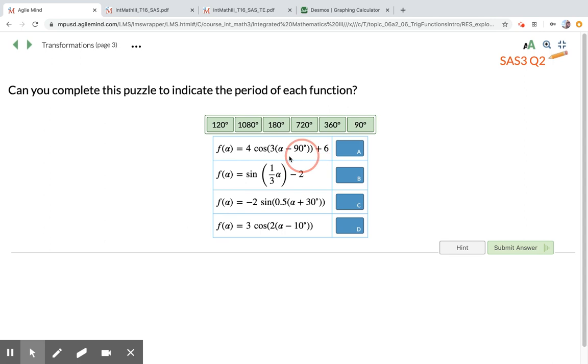Now notice there's a lot of stuff on here, but all it's asking you to find is the period of each function. I'm not asking about shifting or any of that stuff. I just want to know about the period of the function. So you're going to want to find your C value and use it to help you find your new period. So go ahead and hit pause to work these out, and then hit play when you're ready to check your work.